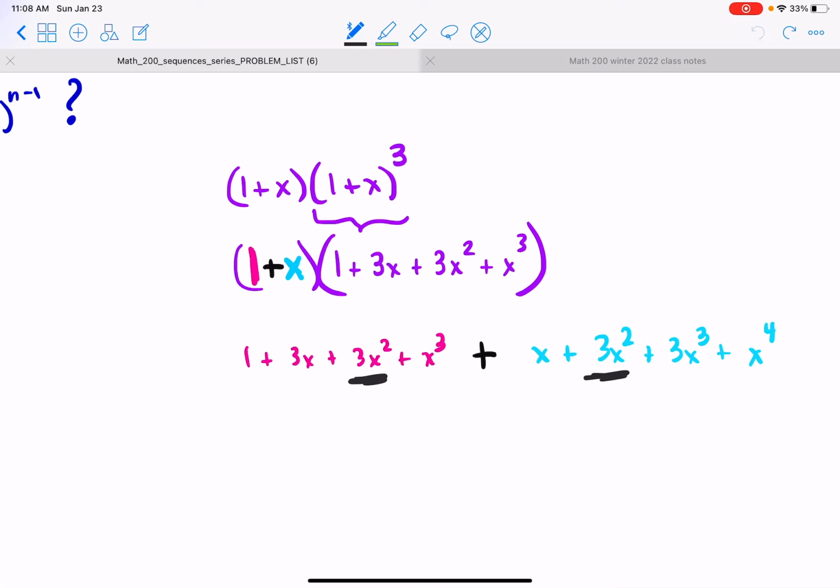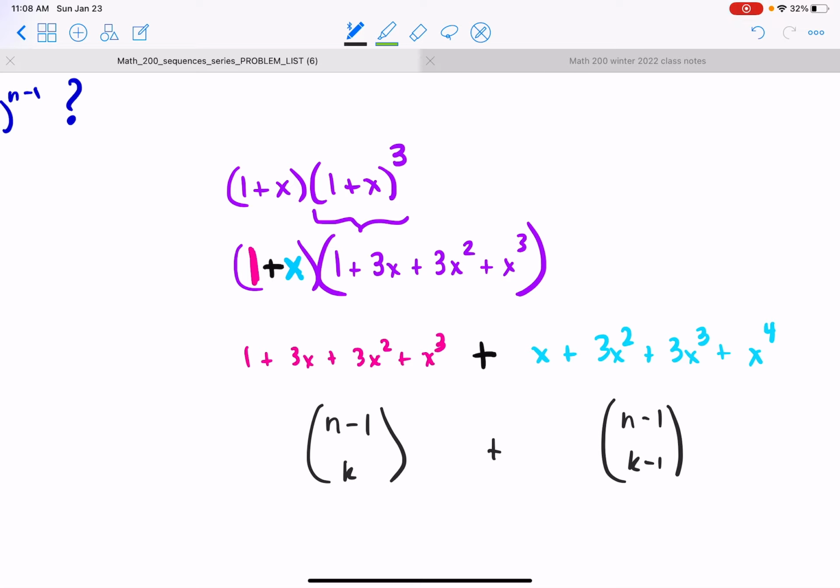If I'm interested in the power of x squared, then either it came from the power of x squared and a 1 times that, or it came from the lower power, x to the 1, when it got multiplied by x. Those are the only two places it can come from. And actually this one is the k, and then this one is the k minus 1, right?